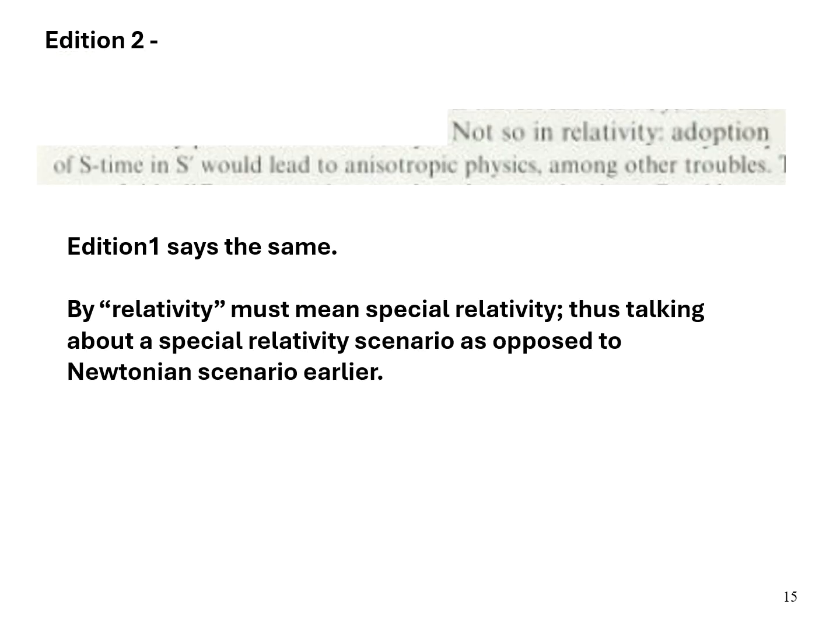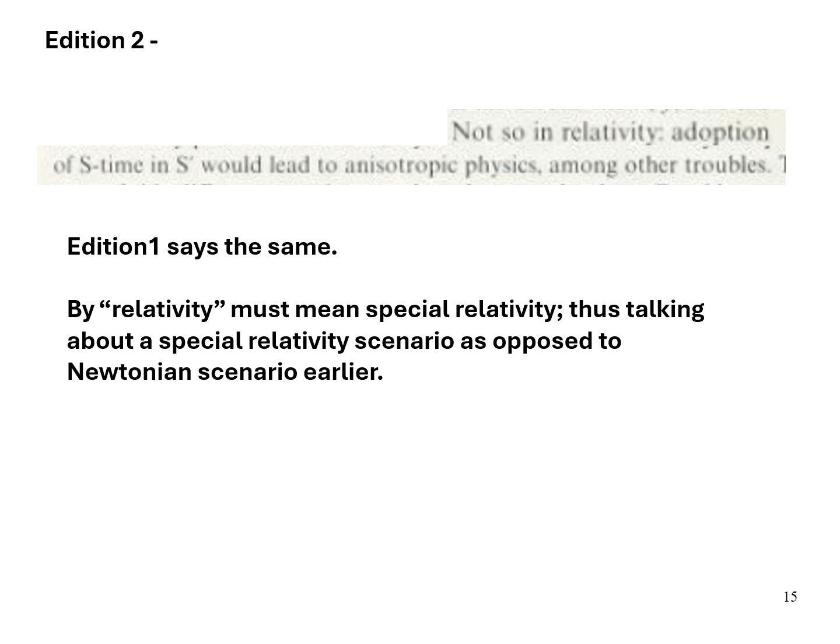Edition 2 carries on. Not so in relativity. Adoption of S time in S prime would lead to anisotropic physics, among other troubles. And edition 1 says the same. So by relativity must mean special relativity, thus talking about a special relativity situation as opposed to what was a Newtonian situation earlier.